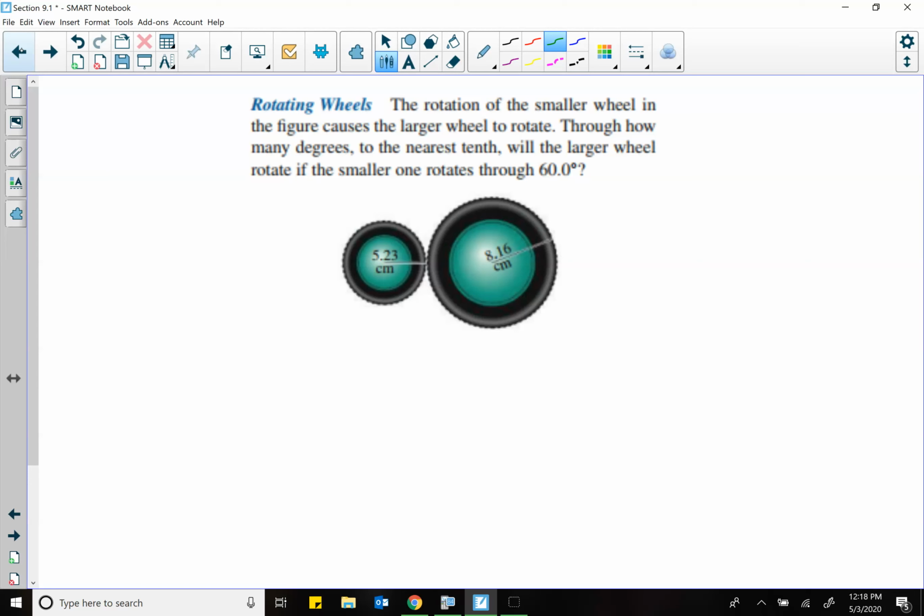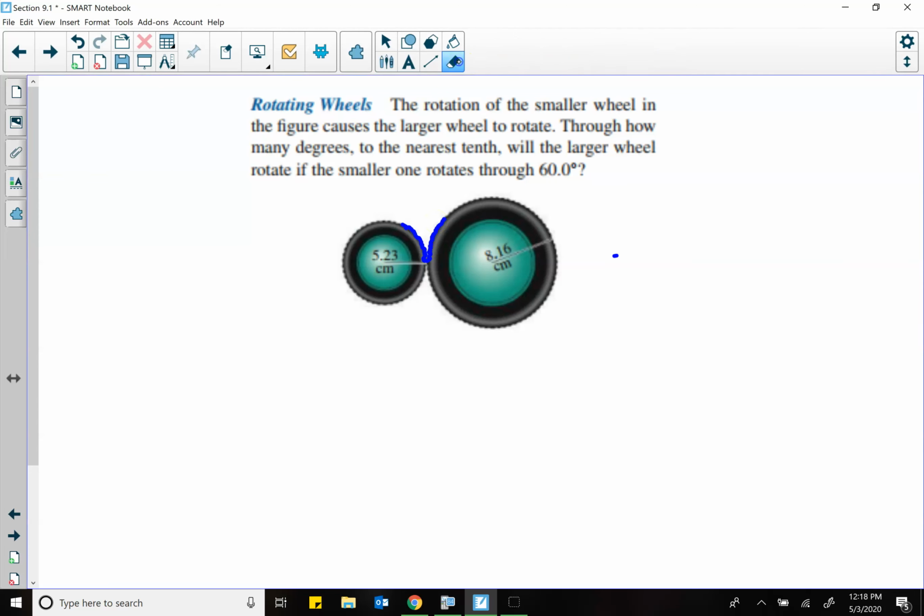Okay. Now, what I need you to understand is, however far this bottom wheel rotates, the big wheel has to rotate that same amount, because they're touching each other. This length has to be the same amount as that length.